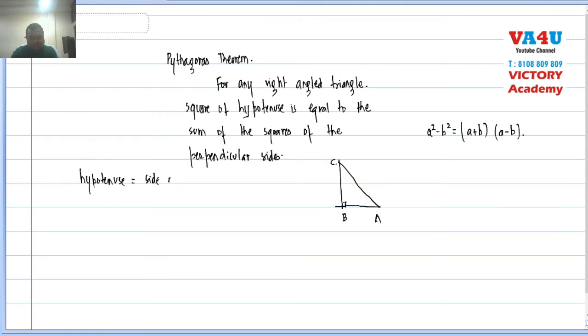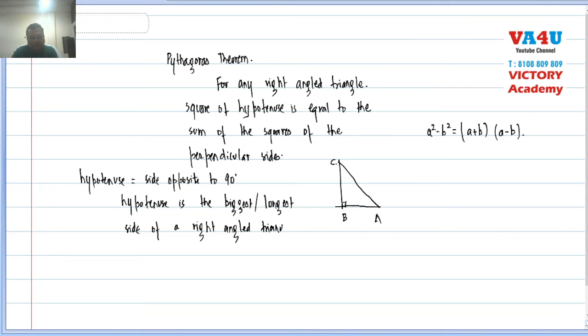Side opposite to 90 degrees. Okay. In fact, you should know that hypotenuse is the biggest or longest side of a right angle triangle.